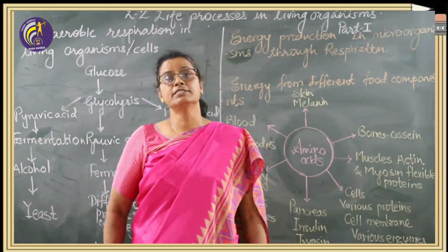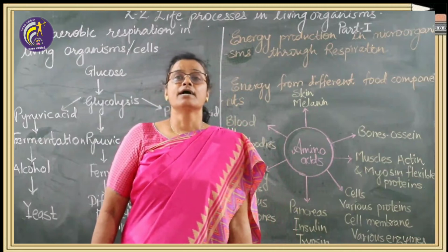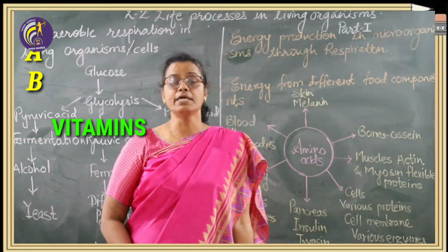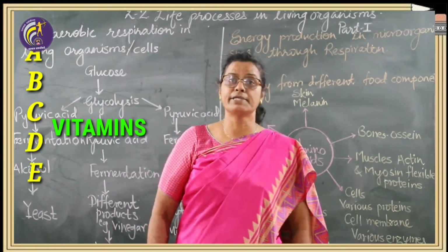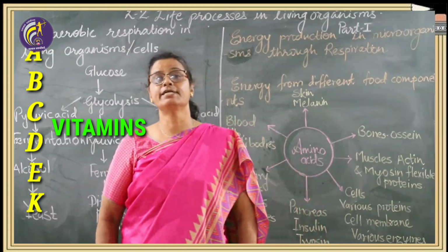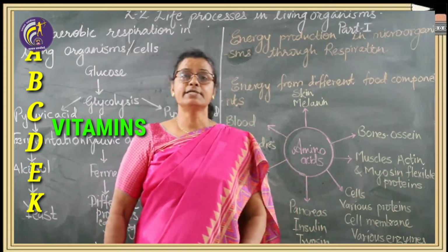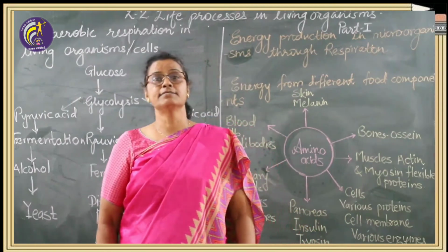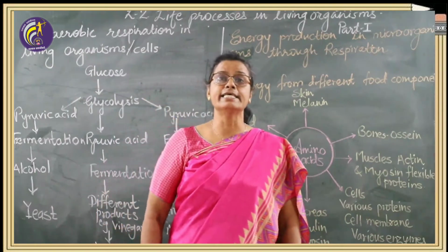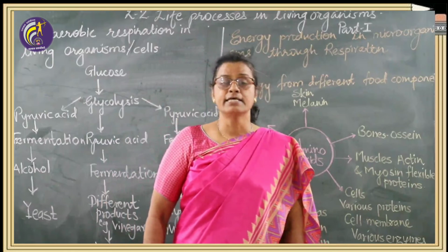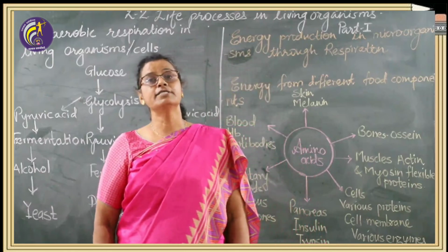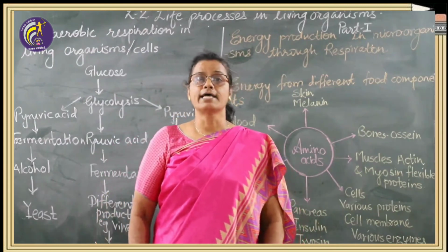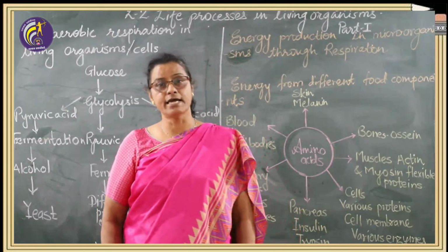There are six vitamins: vitamin A, vitamin B, vitamin C, vitamin D, vitamin E and vitamin K. Dear students, we have already studied the two types of vitamins. One group of vitamins is soluble in water. These vitamins are called water soluble vitamins. Vitamin B and C are called the water soluble vitamins.